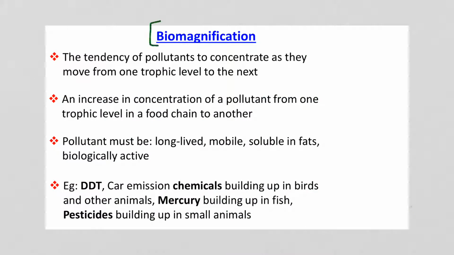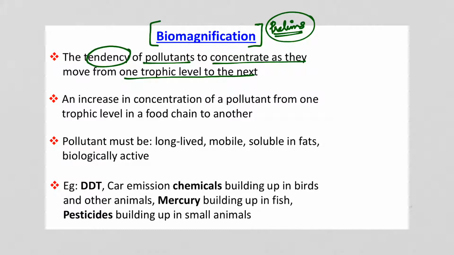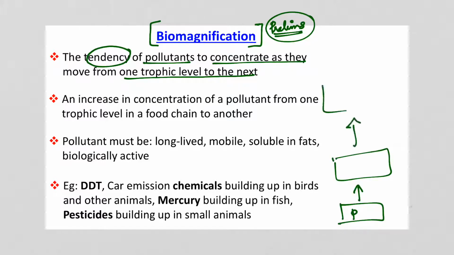Now, this is a very important concept, especially from a prelims perspective, which is called biomagnification. So, what is biomagnification? Biomagnification is the tendency of the pollutants to concentrate as they move from one trophic level to the next. In a food chain, there are plants, then the next level, and the next.